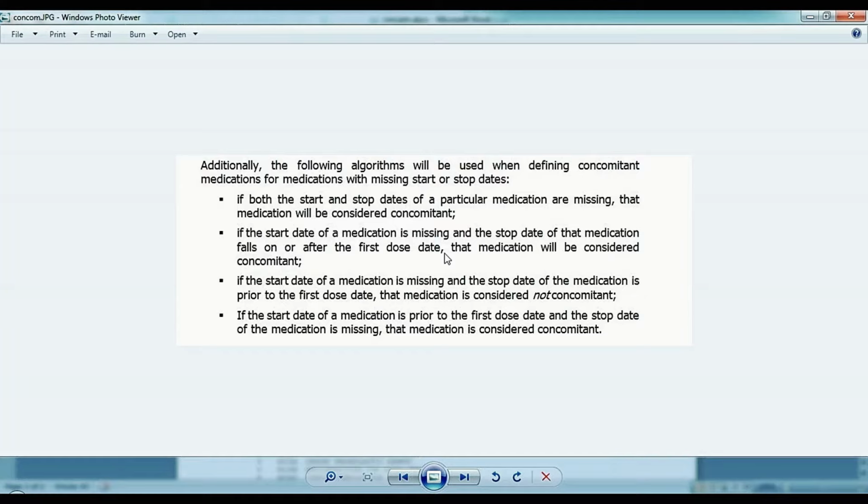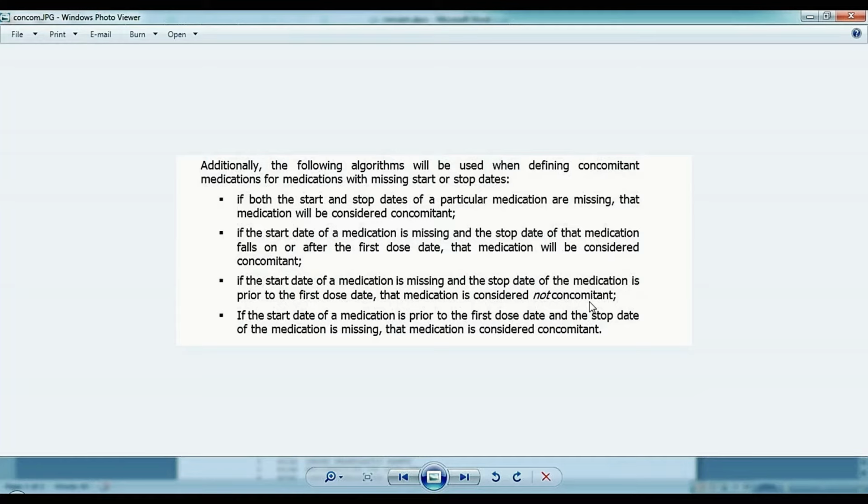After giving the treatment, if CMENDTC is there, they consider that event also as a concomitant medication. If the start date of the medication is missing and the stop date is prior to the first dose date, that medication is considered not concomitant.